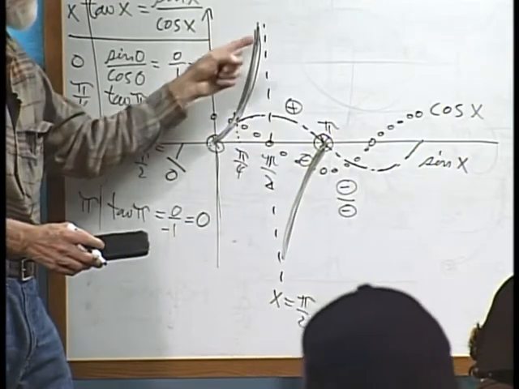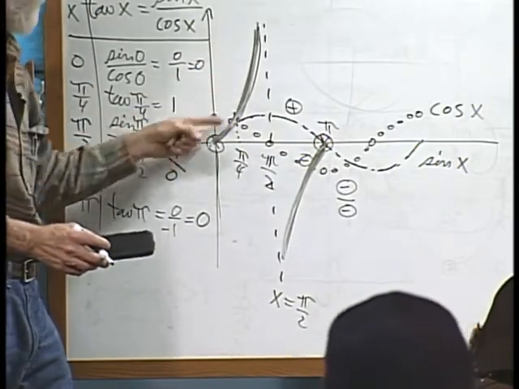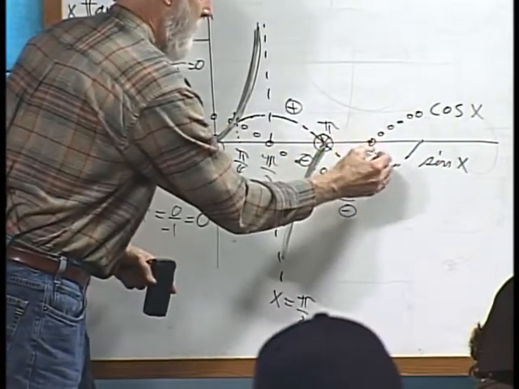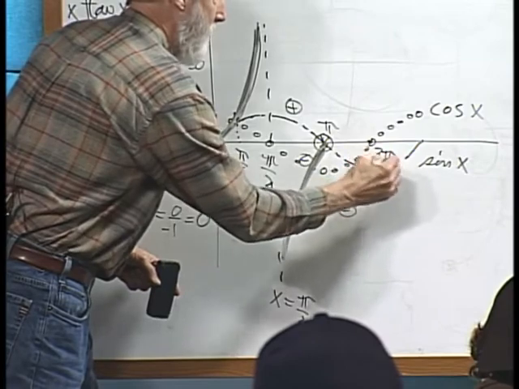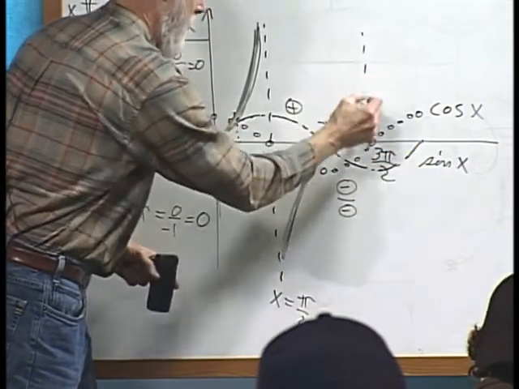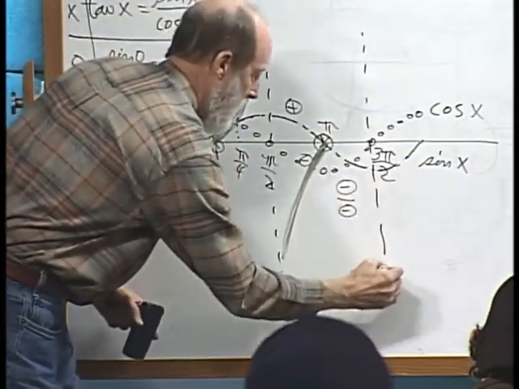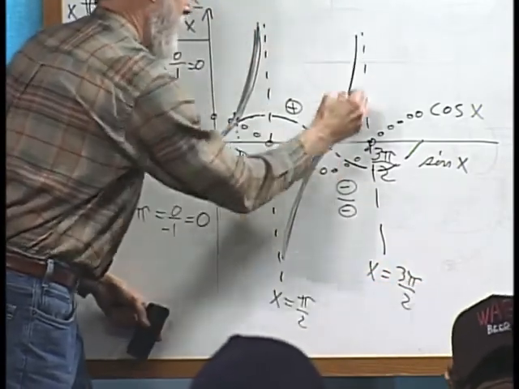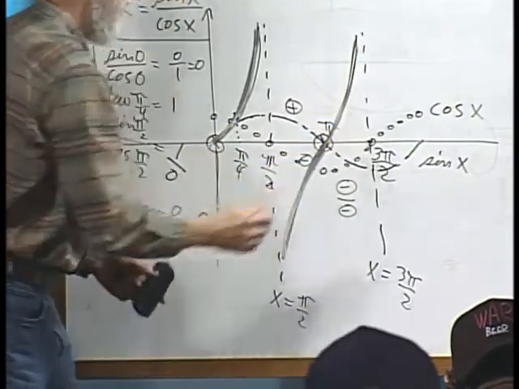This stuff over here again. And that's exactly what happens, and we get trouble when we get to 3 pi over 2. Draw it, label it, and lay in the graph.